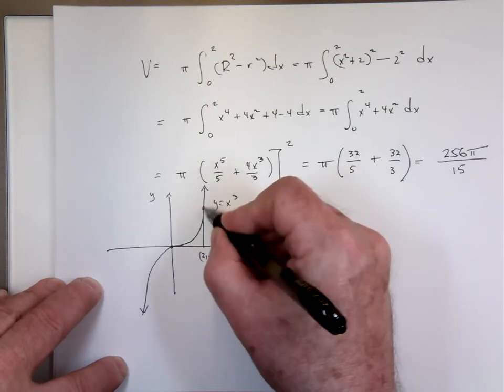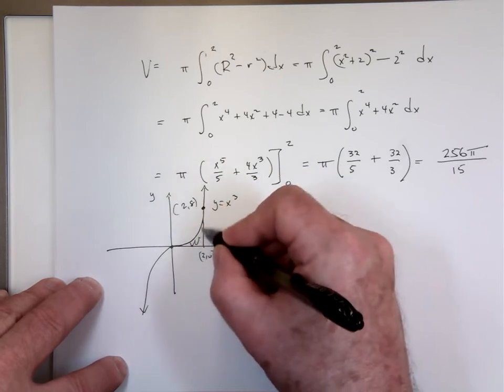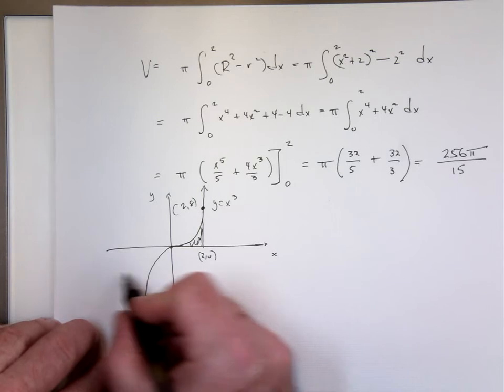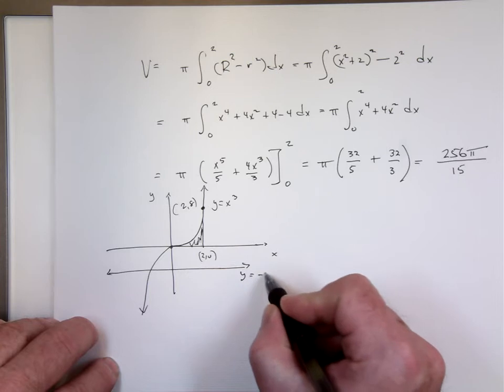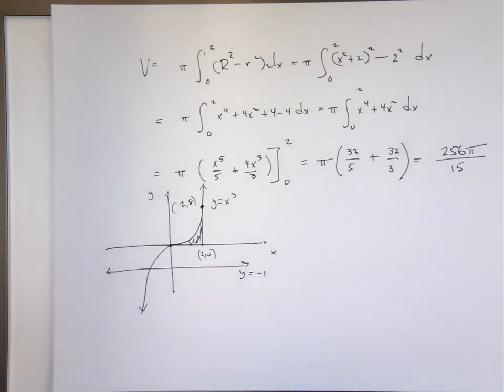I want to generate a solid of revolution by revolving that around the line y equals -1. Find the volume of that solid of revolution. Yes, 0 to 2.